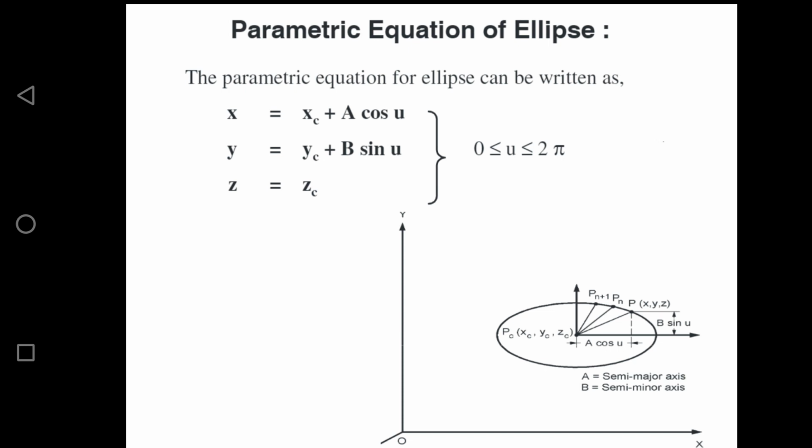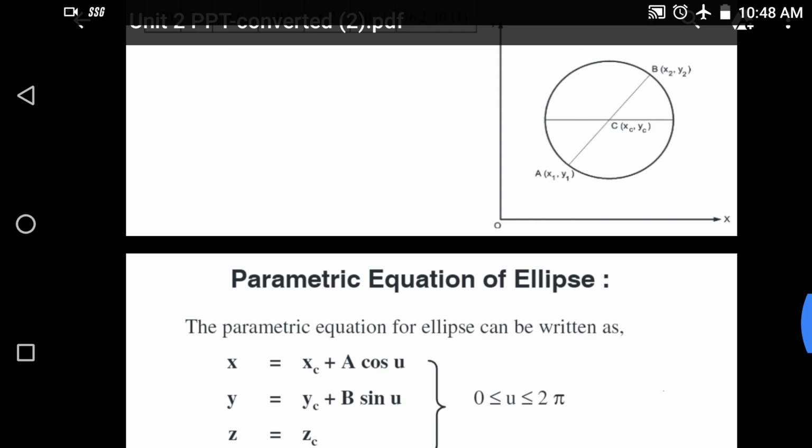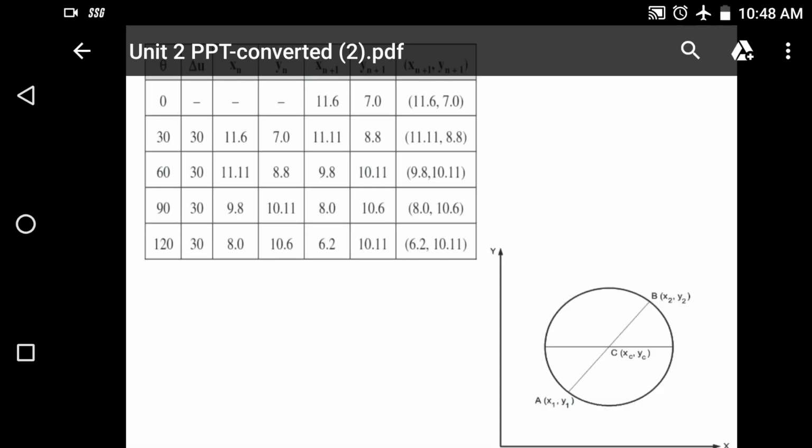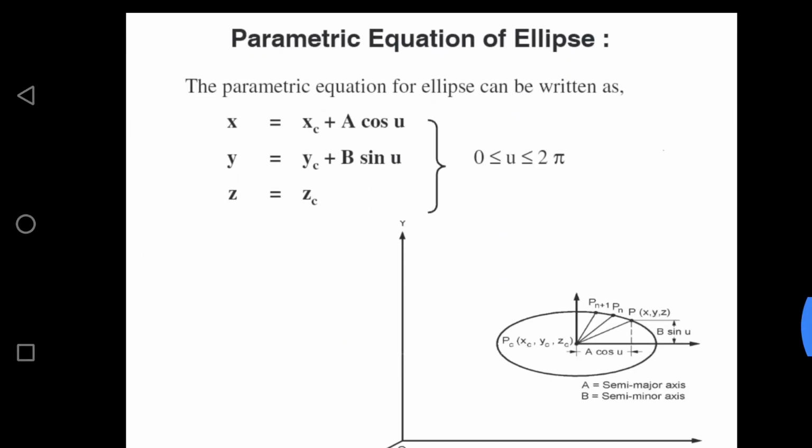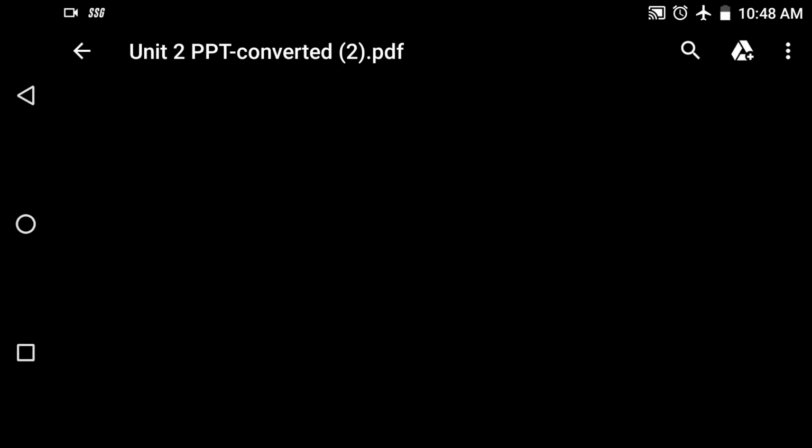So the only change here is A and B instead of the radius r in the circle. For any point P with an independent parameter u, it is simple: xc plus a cos u, yc plus b sin u, and zc.